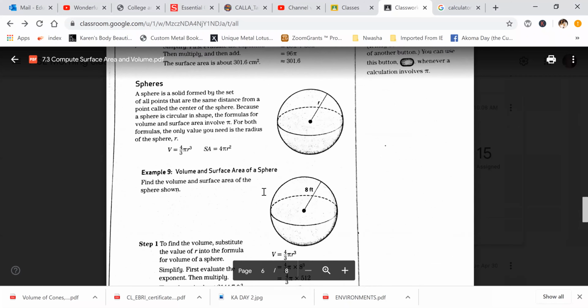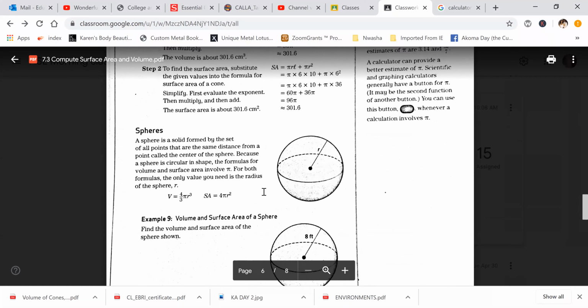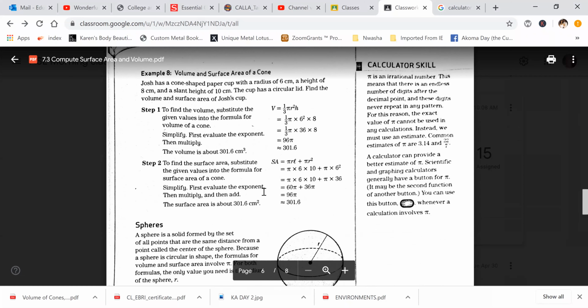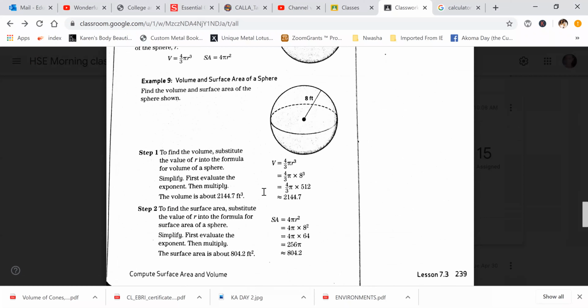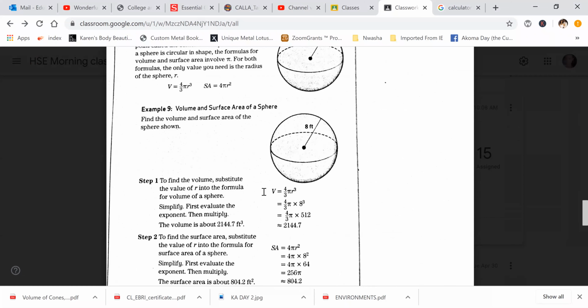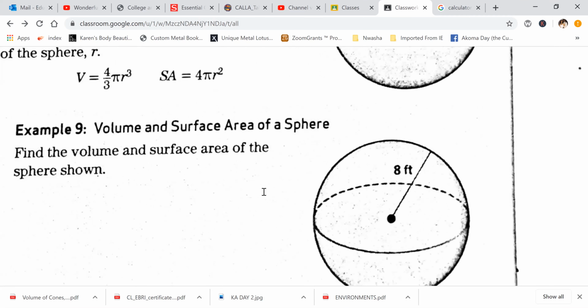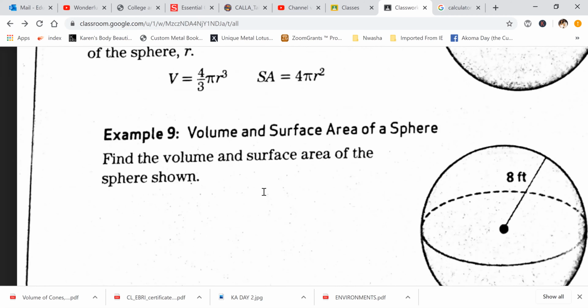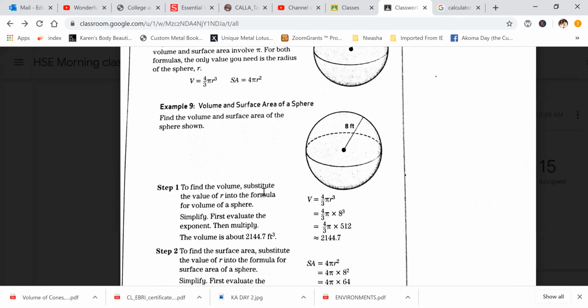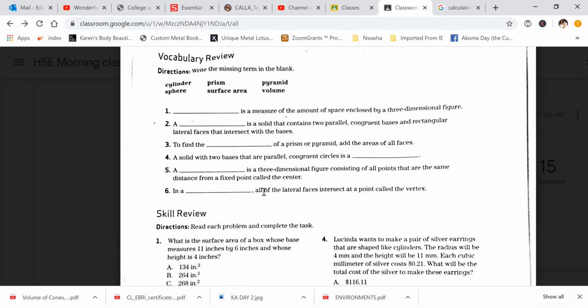We're on page 239, where they're repeating the volume of a sphere, which is the 4/3 pi r cubed. And the only other thing is now the surface area of the sphere. So after we go through this example and example number 9, really we're just doing surface area.